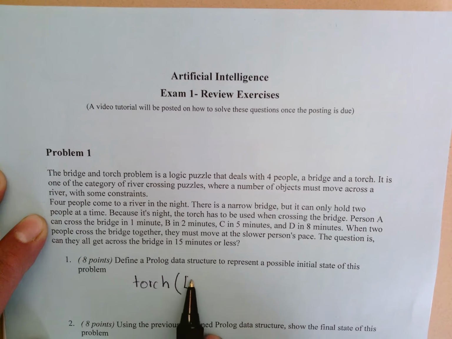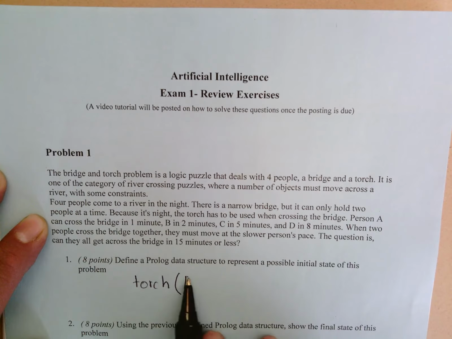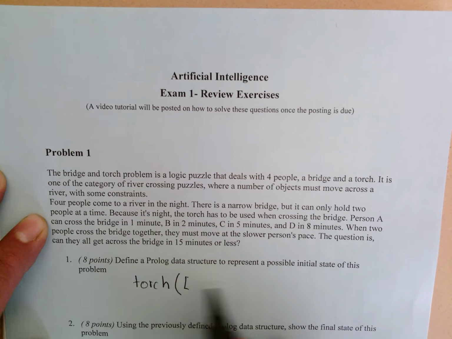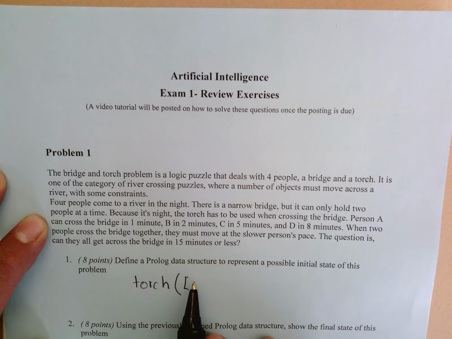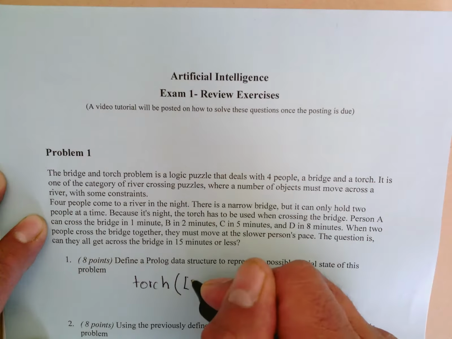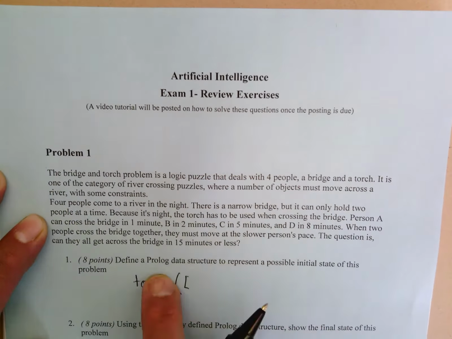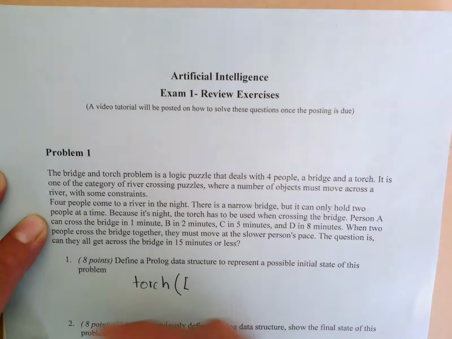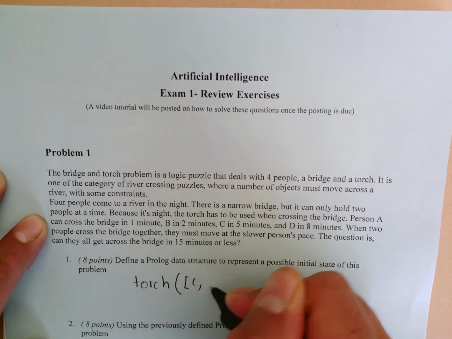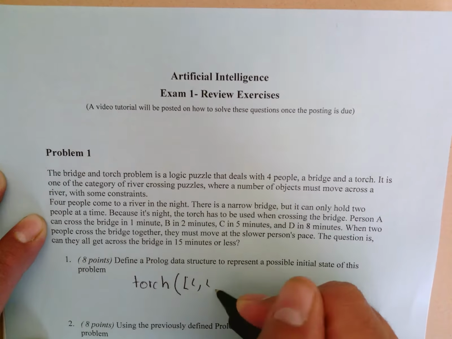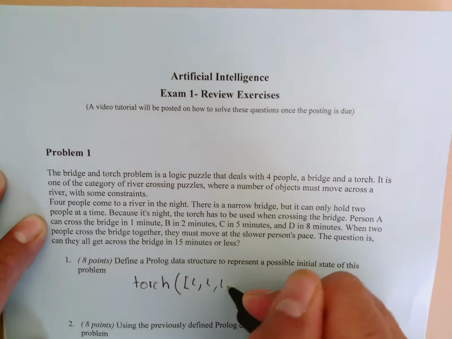So I'm going to have a list of length 4, and the first element will represent which side of the river person A is on. I can define left and right in the river, or west and east. So I can say l, a lowercase l, even if it doesn't look like a lowercase l.